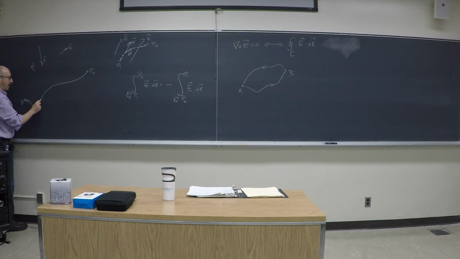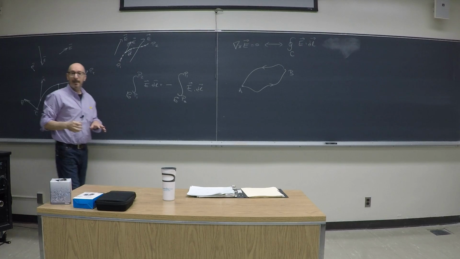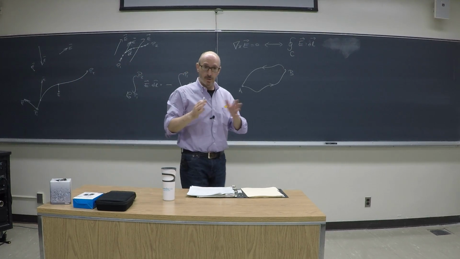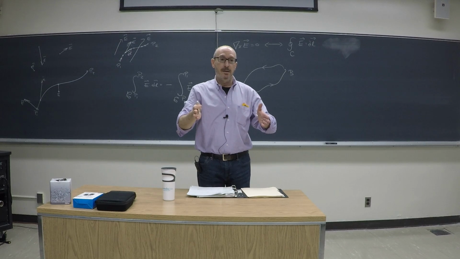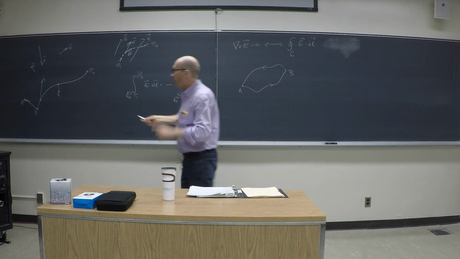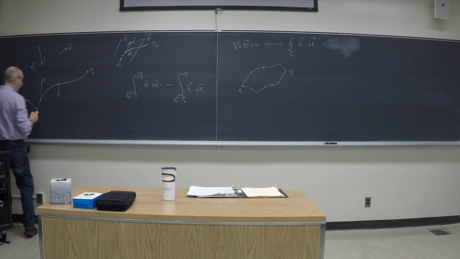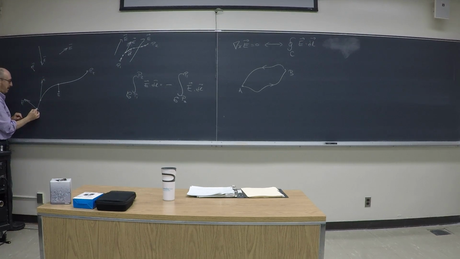Then I go to the next pixel, and the electric field looks like that, and I go to the next pixel, and the electric field looks like that, etc. Now the point is that even though the electric field is not constant, not uniform, it is fixed because it is generated by some charges, so it's given. I know the electric field, and so in particular, I know the electric field along the path. So then I'm going to do the integral. And so what I do is I walk the first step, and the dl is nothing but this vector over here.